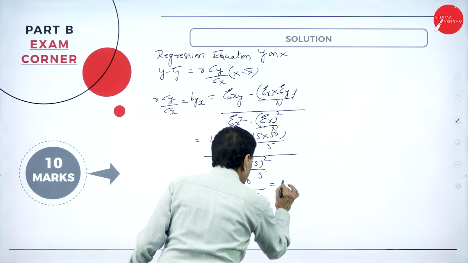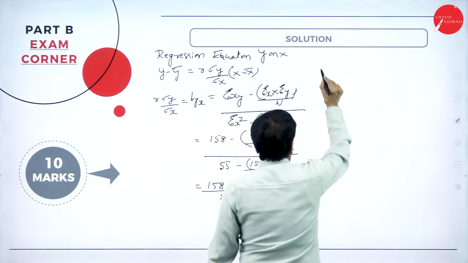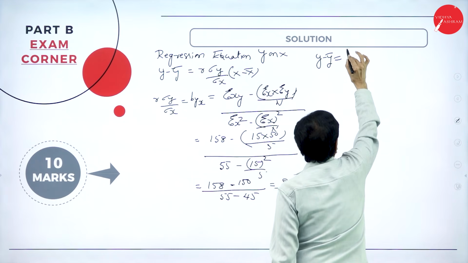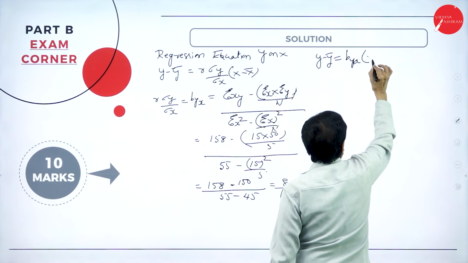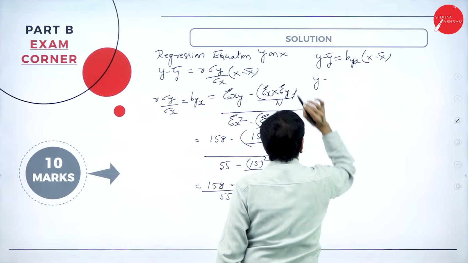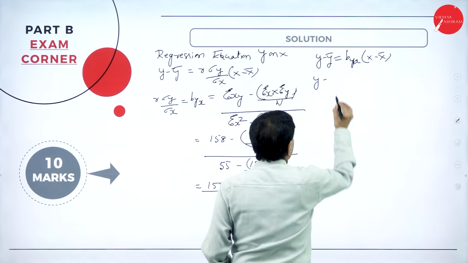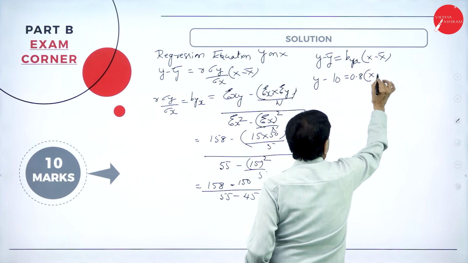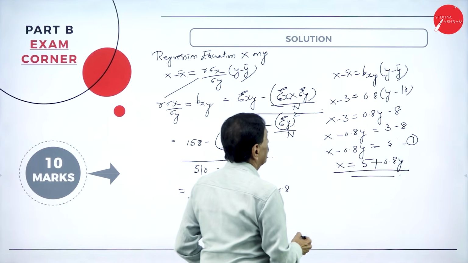This is 8, 0.8. y minus y mean equals byx into x minus x mean. What's your y mean? 10. byx is 0.8, and x minus x mean is 3.